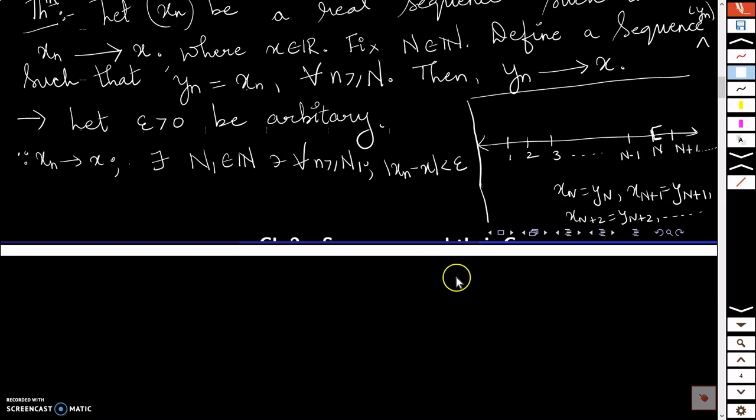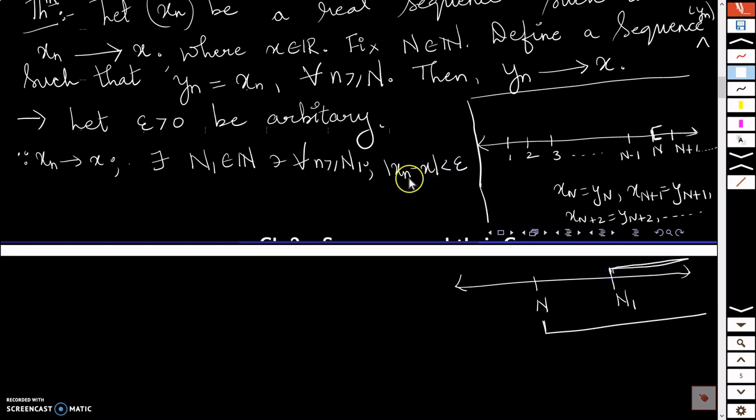So I have now with me two natural numbers at this stage. The first natural number is capital N that I fixed somewhere here, and the second natural number is n1 that I just obtained. After the natural number capital N, what I know is xn is equal to yn. And after the n1 stage, |xn - x| is less than epsilon.